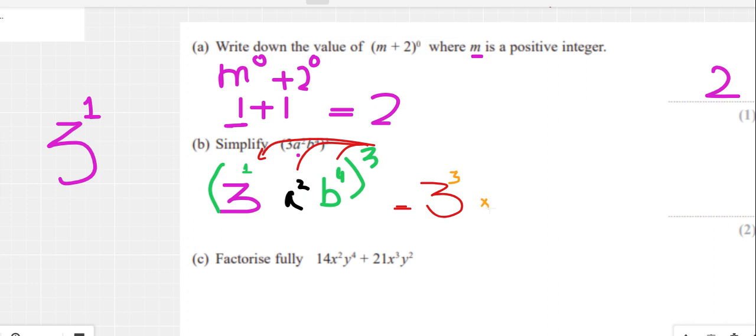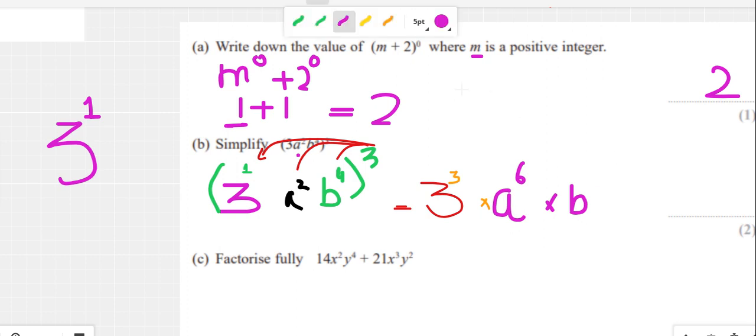Times a to the power, because 3 times 2 is 6, so the a power will be 6, and b: 3 times 4 is 12, so the b power is 12. When a variable has a power and we have multiplied it, now I can't do anything more because there is no other term similar to a and b.